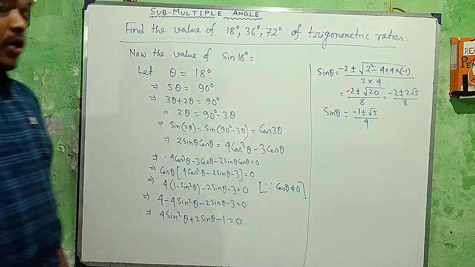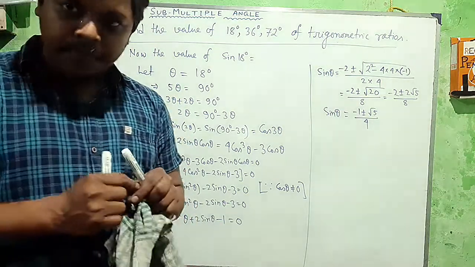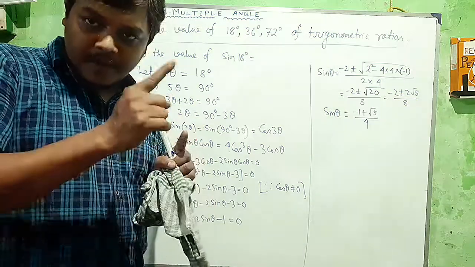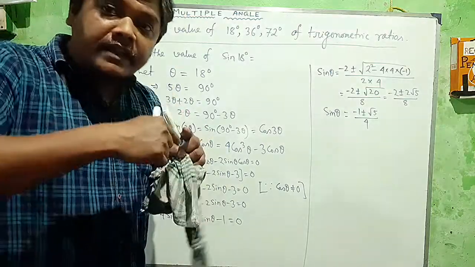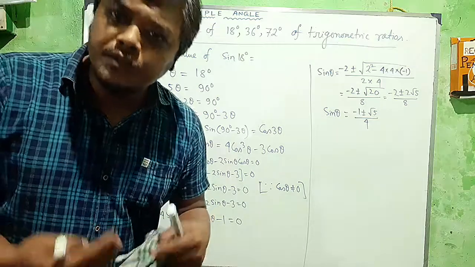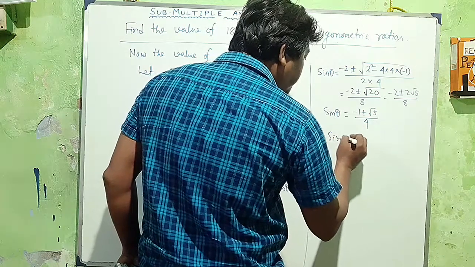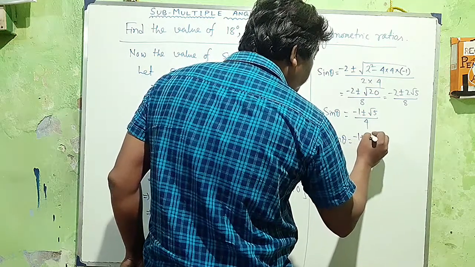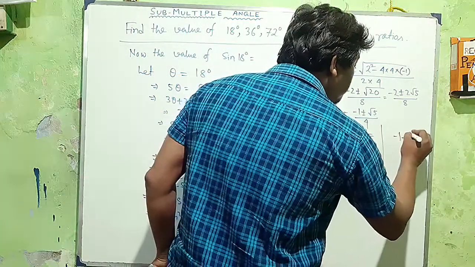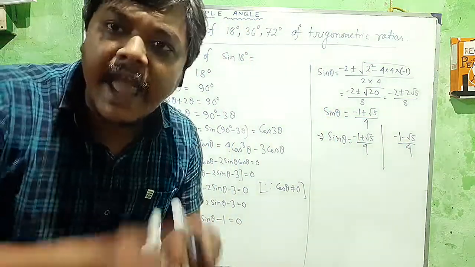All of you know that sine 0 is 0 and sine 90 is 1, so this is a monotonic function. First of all, from 0 to pi by 2, the sine function is monotonic and gives positive values. Of course sine 18 degrees is always positive, so sine theta takes only the value minus 1 plus root 5 over 4. If I take minus 1 minus root 5 over 4, that gives a negative value, and sine 18 degrees cannot be negative.